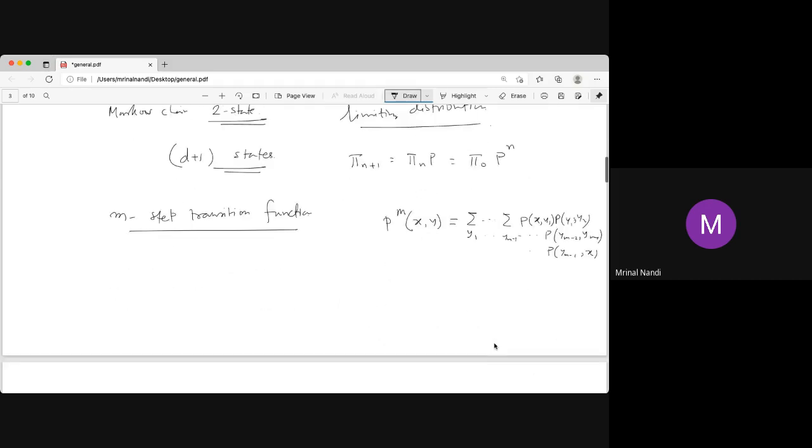If it is m step, that means in a graph, if we are at x and we want to go to y in, say, 3 steps, we can go somewhere in the first step.